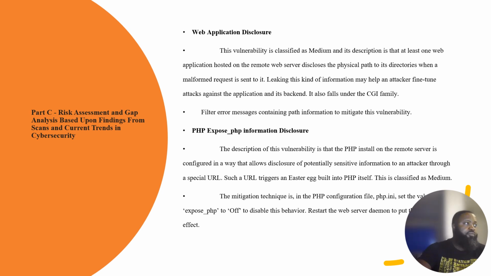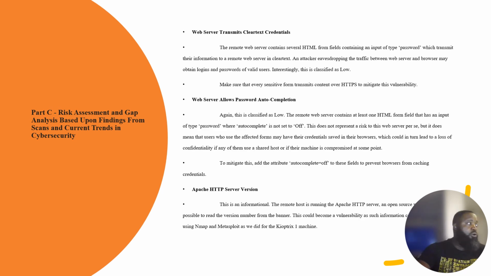Such a URL triggers an Easter egg built into PHP itself. This is classified as medium. The mitigation technique is in the PHP configuration file, php.ini, set the value of expose_php to off to disable this behavior. Restart the web server daemon to put this change into effect. Okay, let's look at some more.